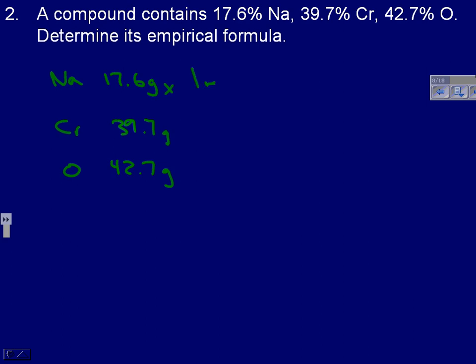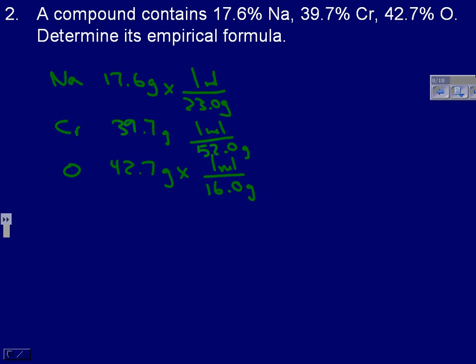Na we just did, 1 mole over 23.0 grams. Also oxygen, I know, 1 mole over 16.0 grams. And now I need my periodic table for chromium, and I'm reading that it is 52.0, 1 mole and 52.0 grams. All right. So let's go through the calculations.